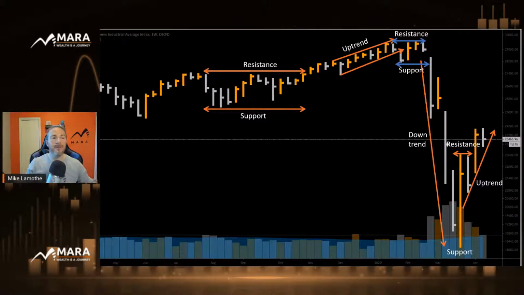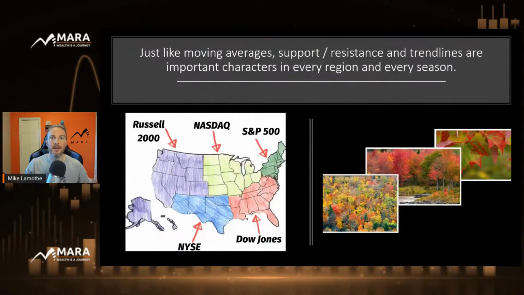So far, yeah, it looks like all of you understand. So just like the moving averages, support and resistance and trend lines are all important characters in the story that the market is telling us. And just like we have all the different regions of the market, right?